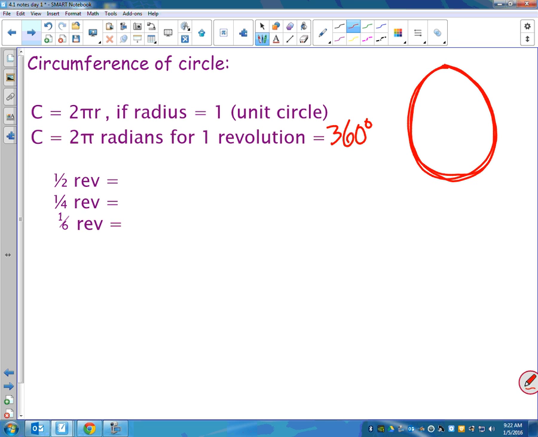What would halfway around a circle be in degrees? How many degrees would that be? 180, right? 180 degrees. How did you get from 360 to 180? You took half of it, right? You divided by 2. So if there's 2 pi radians in 1 whole revolution, and I just want half of it, what's half of 2 pi?